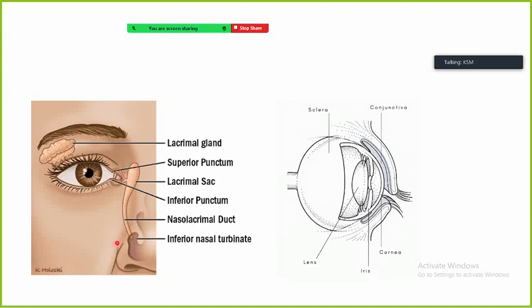Those are the openings, small ducts, and then it goes to the lacrimal sac and into the nose. So that's the outer appearance, and it's covered by the bony orbit, and it's protected by the eyelids.